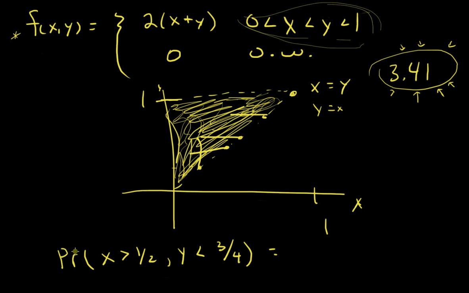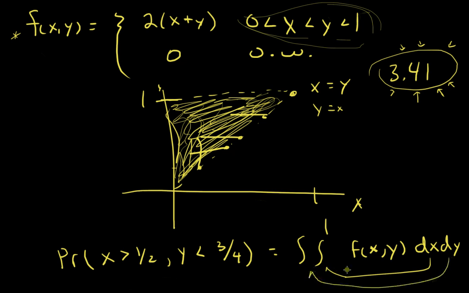Okay, so this is a joint probability involving both x and y, so I know I'm going to need to integrate the joint probability distribution function. Your order of integration doesn't matter. You can do dy dx or dx dy.